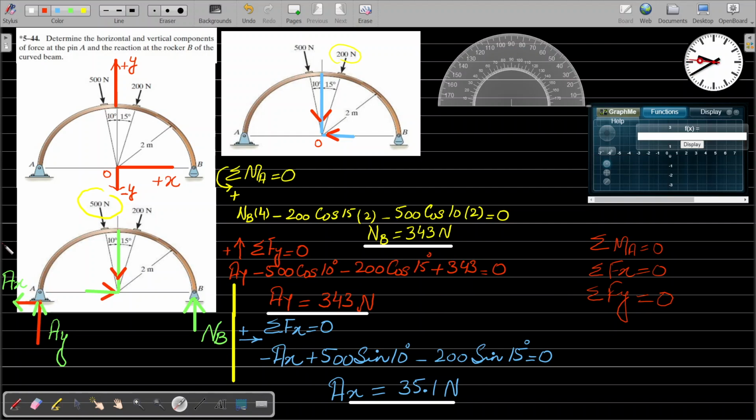When we sum all the forces along the x-axis, one of the forces is Ax, which is towards the negative x. Remember this is positive x, so minus Ax.